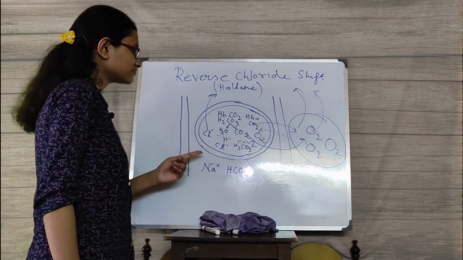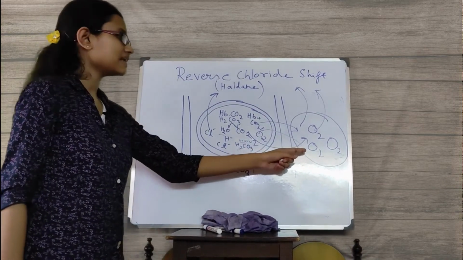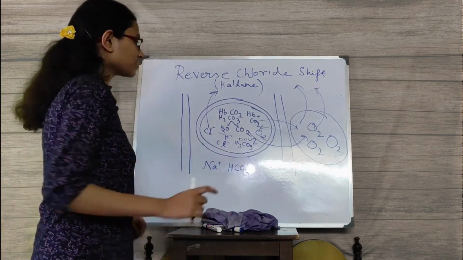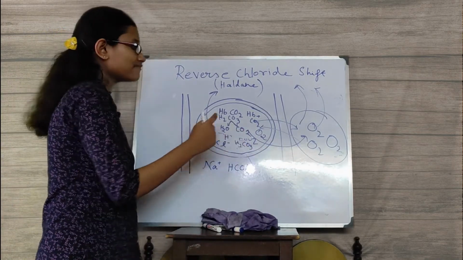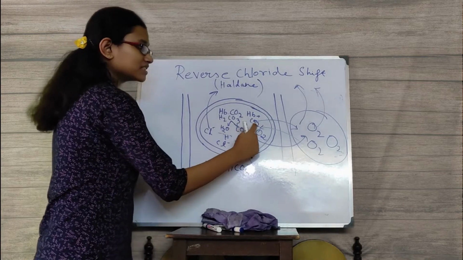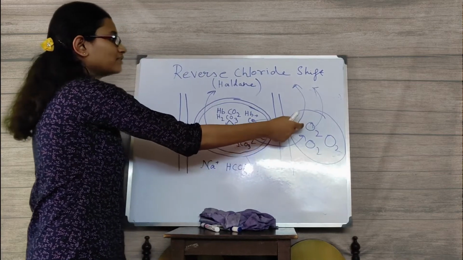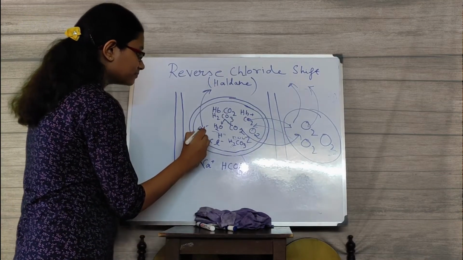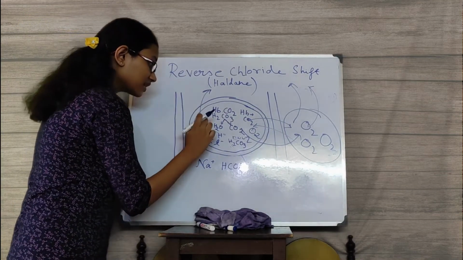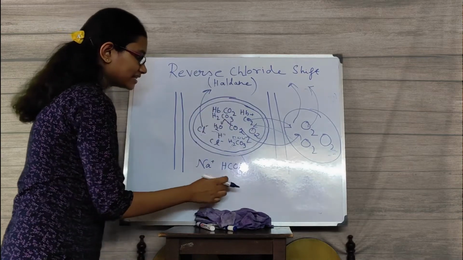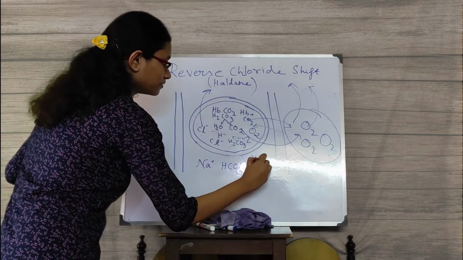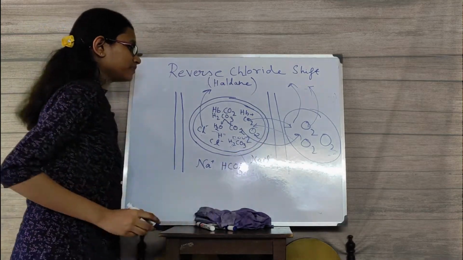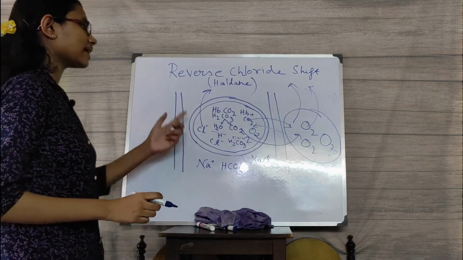There is a rapid influx of oxygen from the alveoli into the cell, there is a rapid efflux of carbon dioxide from the cell to the alveoli, from where we will exhale it out, and then there is a shift of chloride from the RBC to the plasma, and it will in turn form NaCl outside. So this is the major phenomenon of both chloride shift and reverse chloride shift.